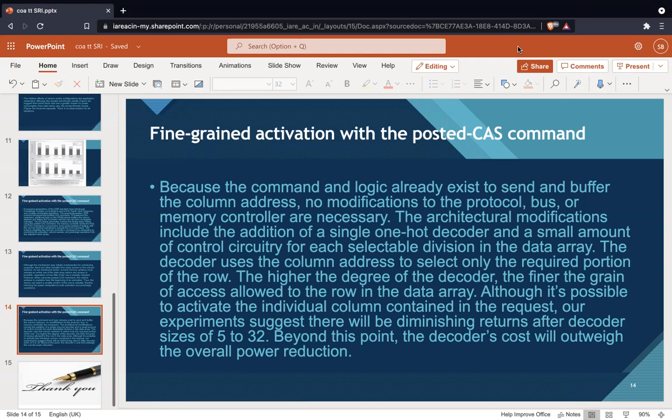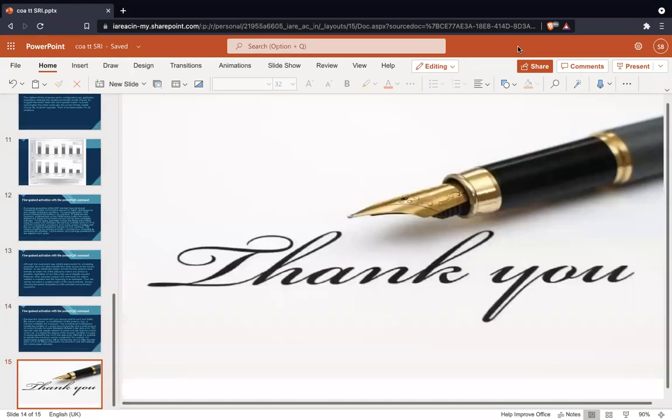Although it's possible to activate only the individual column contained in the request, our experiments suggest there will be diminishing returns after a decoder size of 32. Beyond this point, the decoder cost will outweigh the overall power reduction.